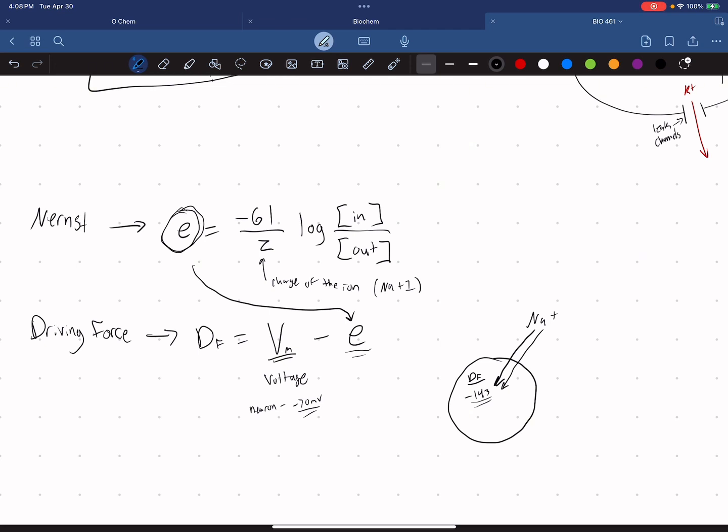Say we were to calculate the driving force for potassium, and if that was a +15, then we know that this potassium with this positive on the inside is going to want to leave in order to decrease this positive value to reach an equilibrium once again.